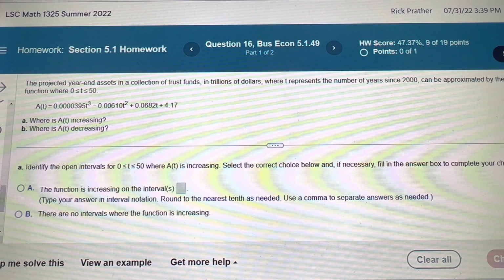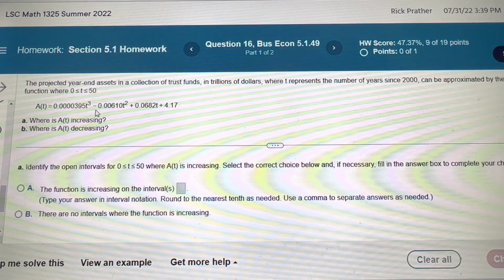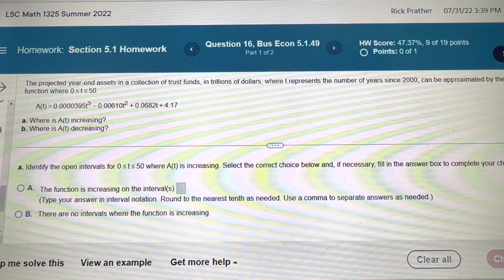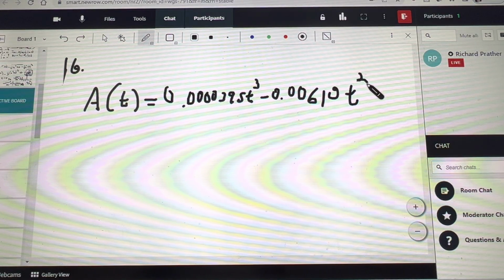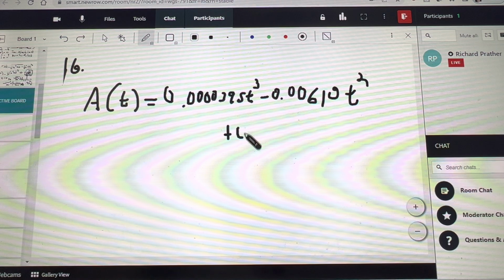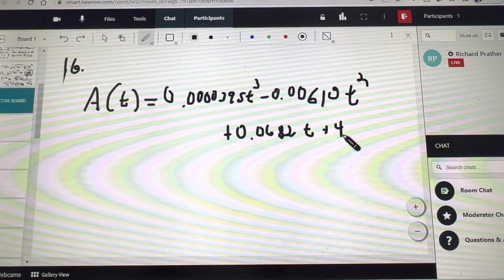There's 4 zeros there first, 0.0000395 t to the third, minus 0.00610 t squared, plus 0.0682 t, plus 4.17. That's the original function, definitely a polynomial.